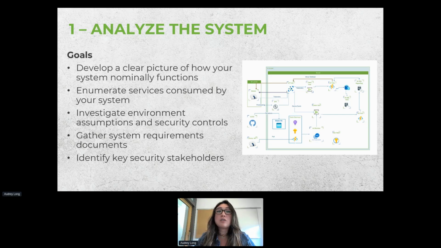Investigating environment assumptions and security controls, gathering system requirements and documents, and identify those key security stakeholders. Because too many times I've actually gotten into threat modeling conversations with customers, and if those key security stakeholders aren't there, then you're just wasting your time on creating some of these artifacts sometimes. So we just got to make sure the right people are in the room when you're creating them.